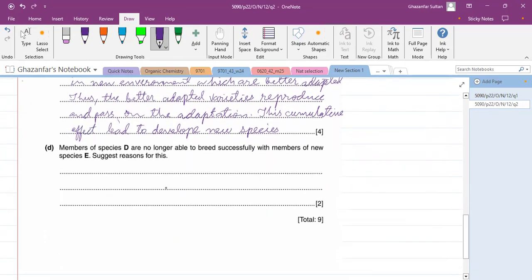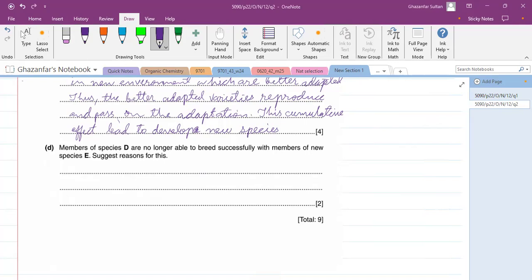Now the next part is, members of species D are no longer able to breed successfully with the members of new species E. Definitely, because they have developed as a new species, and if there is a change in species, then two different species cannot interbreed.